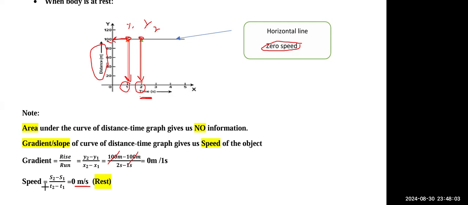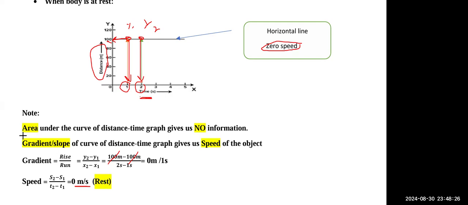So x2 is equal to t2 and x1 is t1. This is the time interval in which you are finding the speed of the object. Okay, so distance over time is equal to speed. As I have already told above, the definition of speed is distance covered by the object. So the body is at rest.